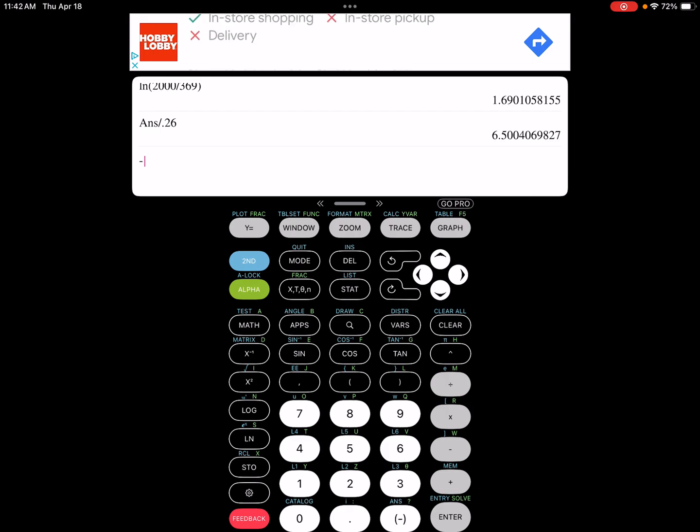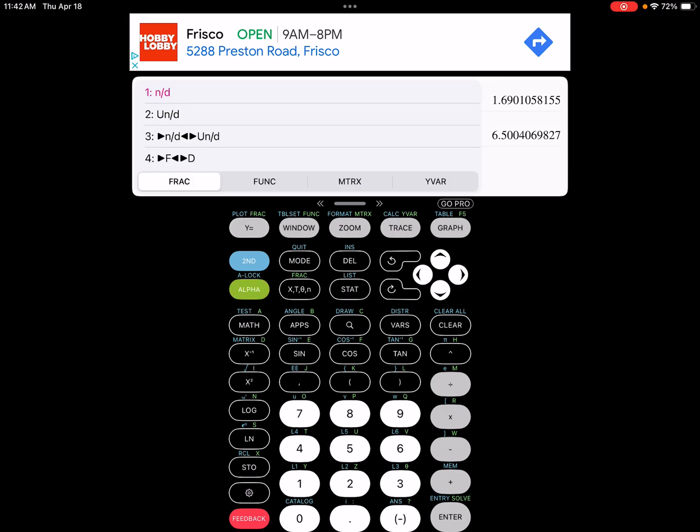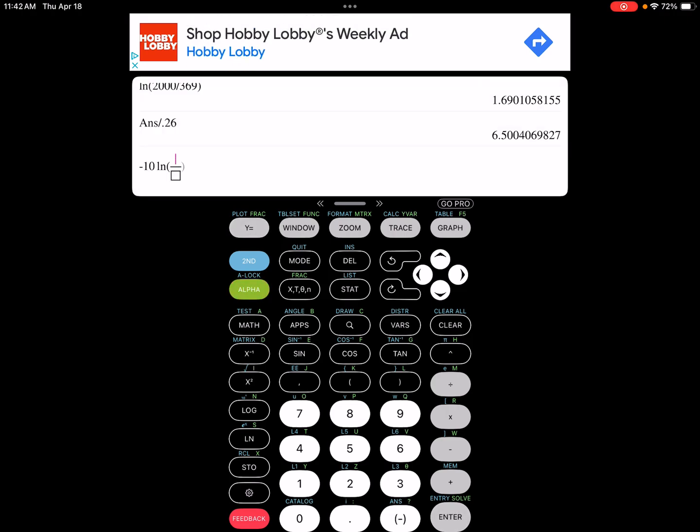So -10 times the natural log of (85.5 minus 70) over (98.6 minus 70). Close these parentheses. And I get 6.126. I guess I'm going to round it to 3 decimal places.